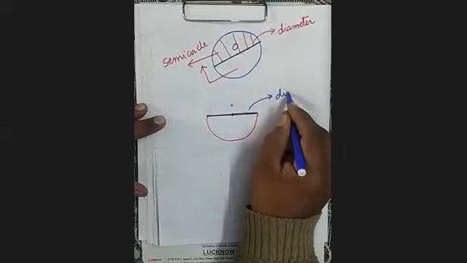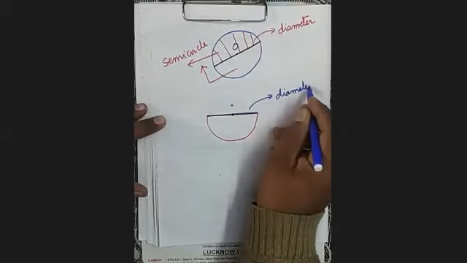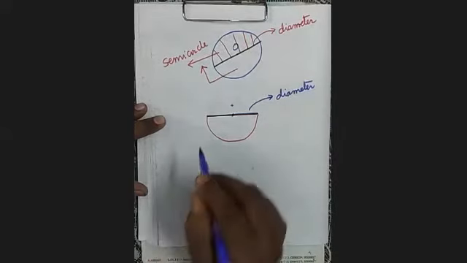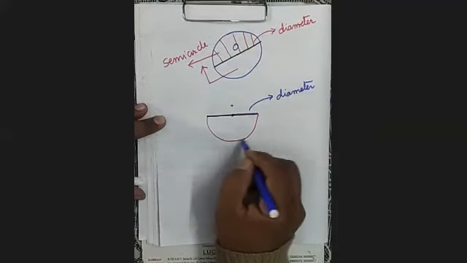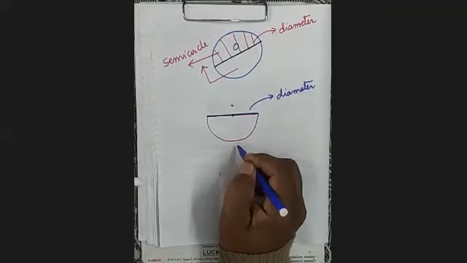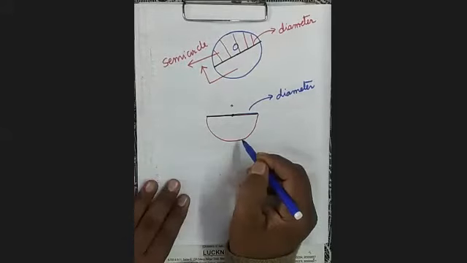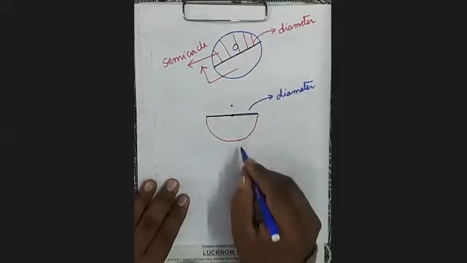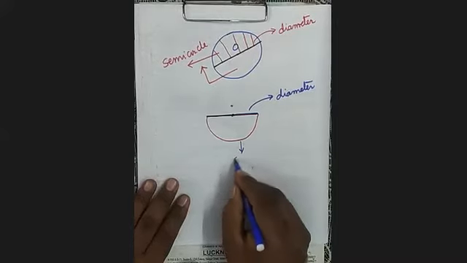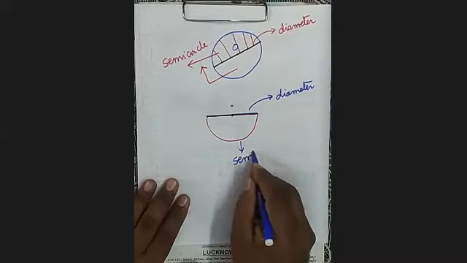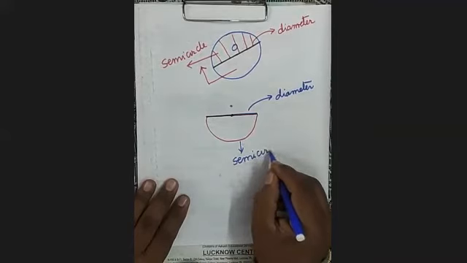What is this? This is half of the circumference. And half of the circumference, what will you call this? This is the semi-circumference. Semi means half.